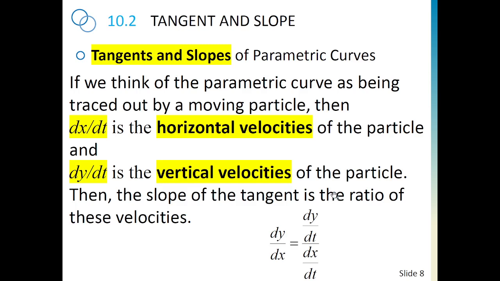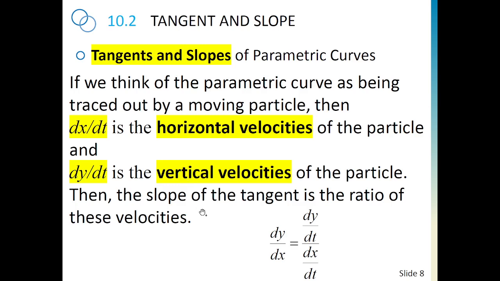We can interpret these derivatives as horizontal and vertical velocities. If we imagine that our curve is actually a path on which a particle or some vehicle is moving, then the variation in the x direction, dx/dt, is considered the horizontal velocity, and dy/dt is the vertical velocity.